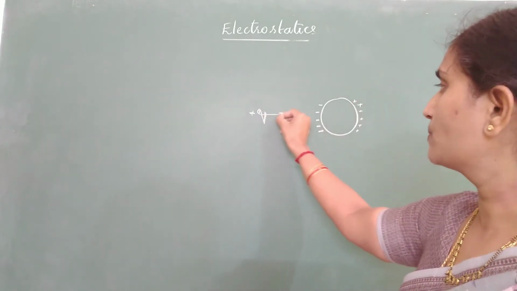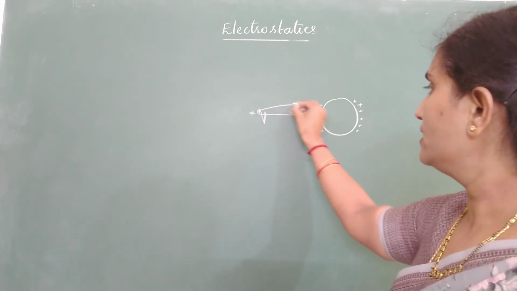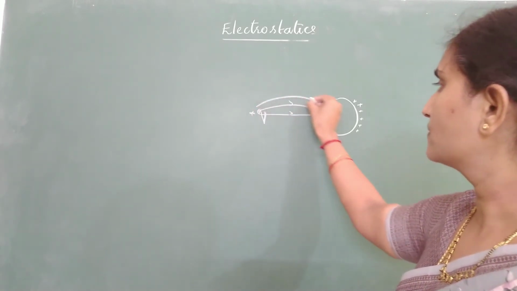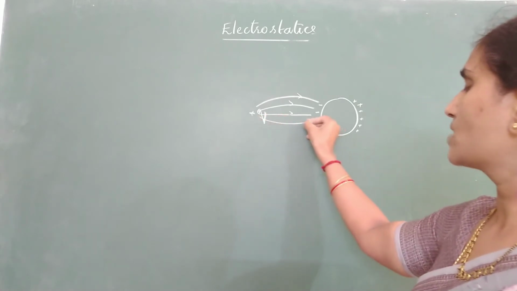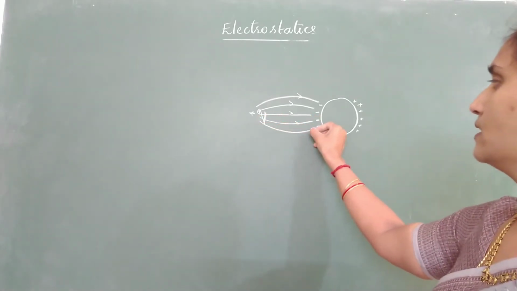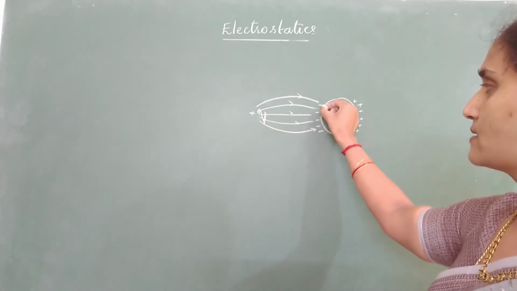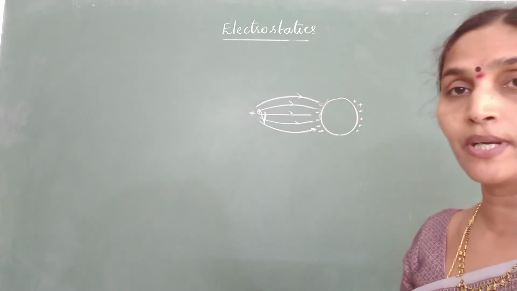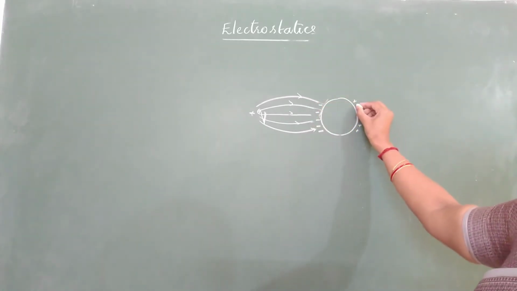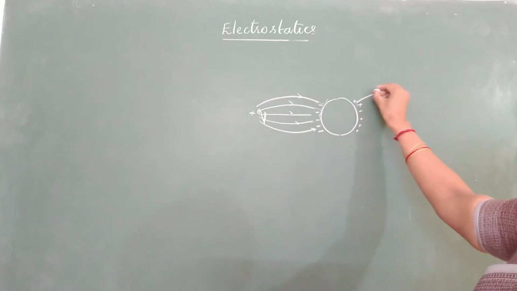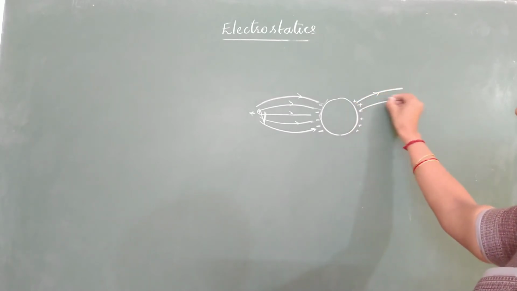Field lines emerging from q1 will enter this negative charge. They bend and become perpendicular to the surface. The field line should always be perpendicular to the surface. Then again from the positive charge they come out perpendicular to the surface.